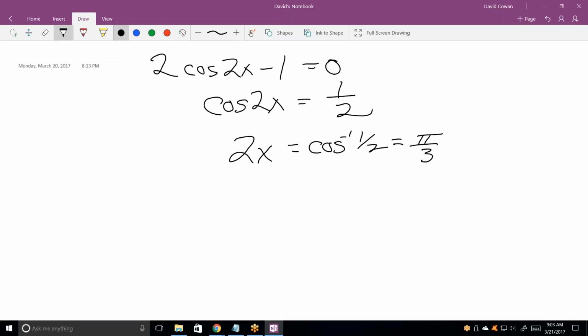And let's figure them all. So let's list a few, and then maybe we'll pick up on a sequence. Another one is 5 pi over 3. Yes, fourth quadrant.